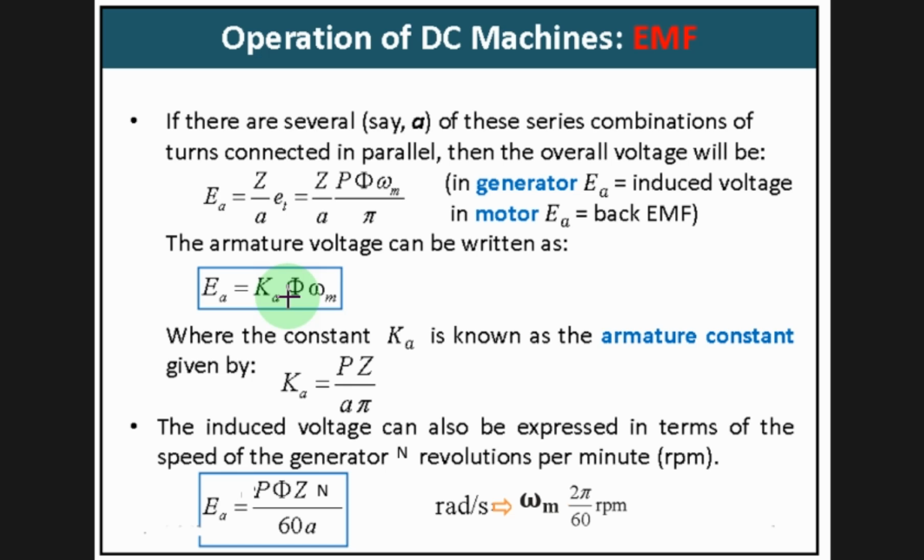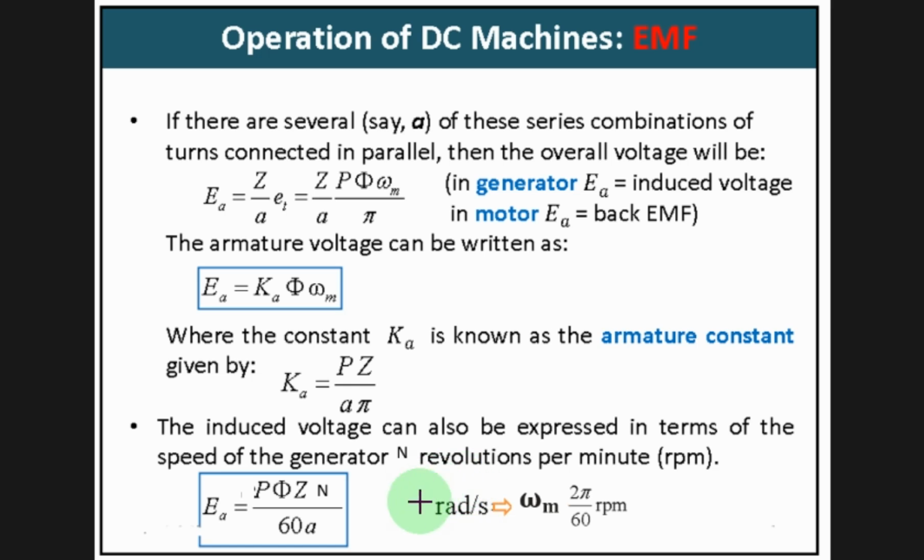So that mistake was there in my previous presentation. So now E_A can be calculated as PφZn over 60A, where n is the revolutions per minute.